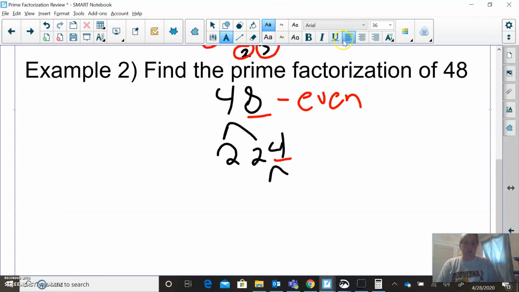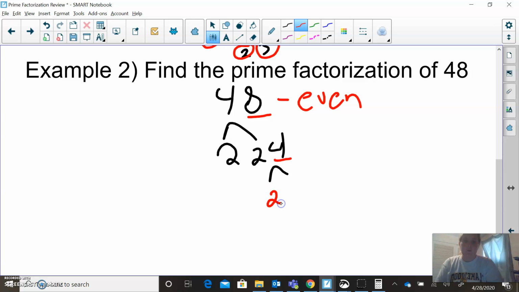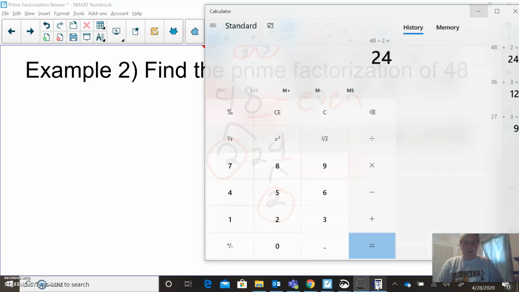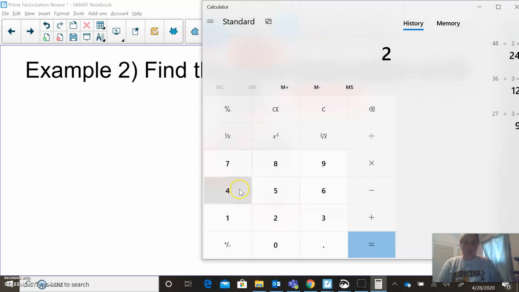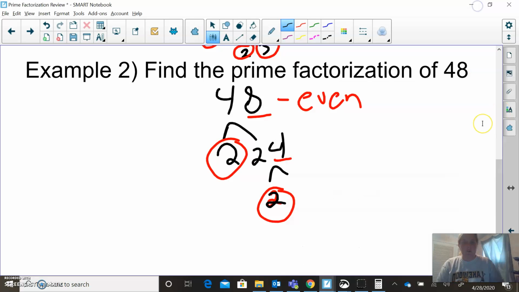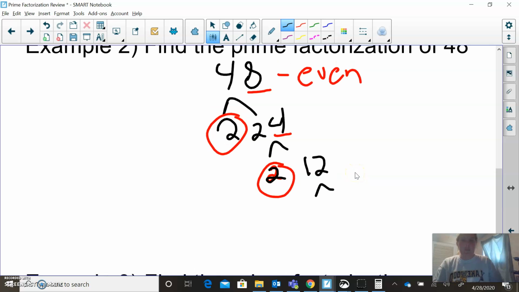Now some of you guys might already know this, some of you might not. So 2 times something, and I forgot to circle this 2, because 2 is prime. This 2 is prime. So, if you come into your calculator, you can try 24 divided by 2, and you'll get 12. Alright, well, 12's not prime, so we got to keep going.